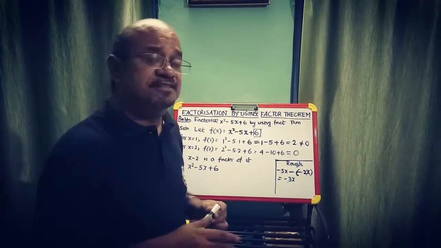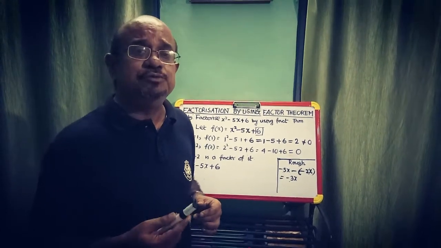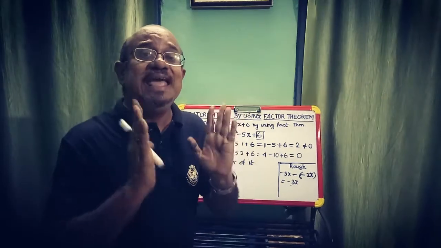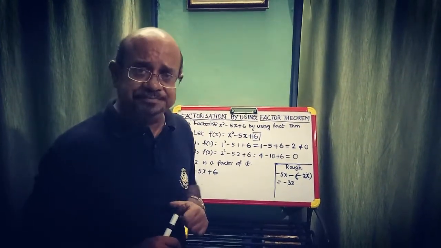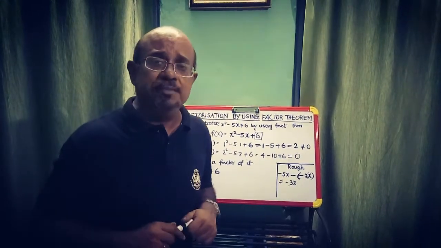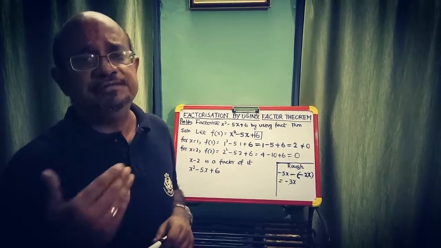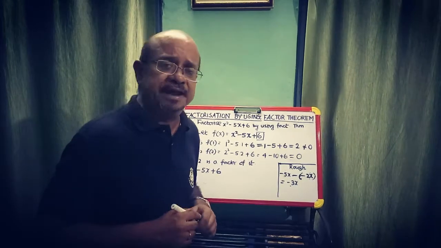If I also consider the negative values, that is minus 1, minus 2, minus 3 and minus 6, then there are at most 8 values for which this has to be tested. Okay, but in practice you do not have to see so many values. You can get it for at most 1 or 2 or 3 values. So now we move on to the problem of factorization.